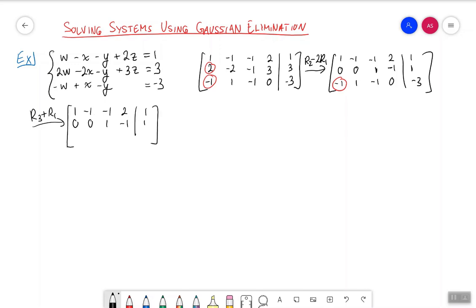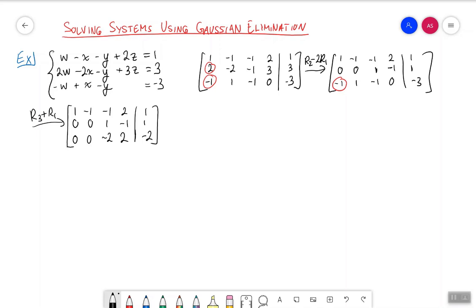We did, however, act on row 3. So what does that change to? Well, we have a 0 here. We take 1 plus -1 is 0. -1 plus -1 is -2. 0 plus 2 is 2. -3 plus 1 is -2.